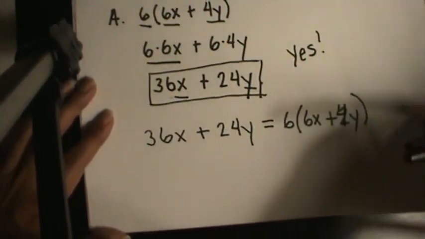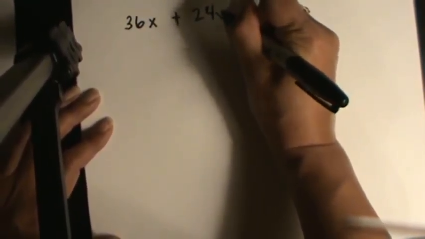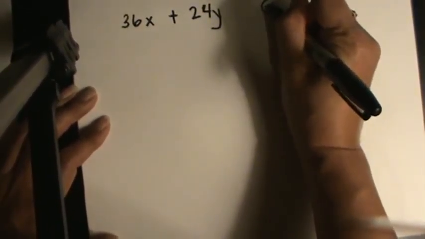Now we must do it again, but this time we are going to do it for B. 36x plus 24y, that is given.